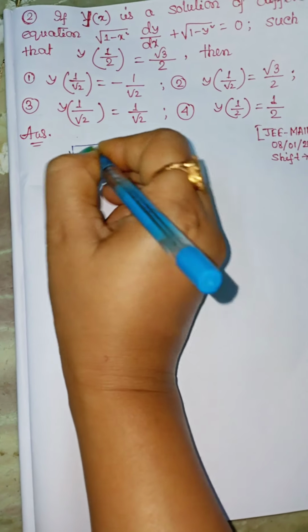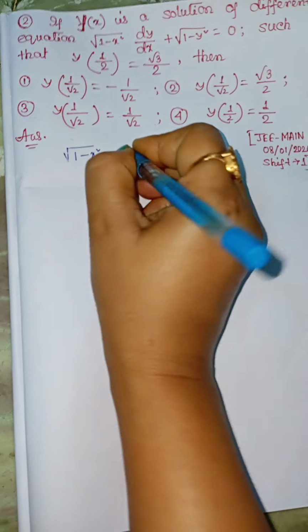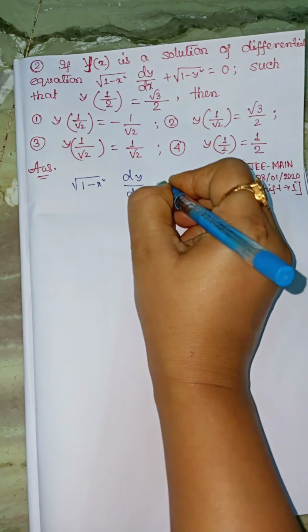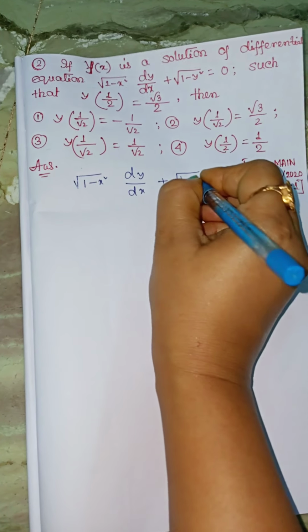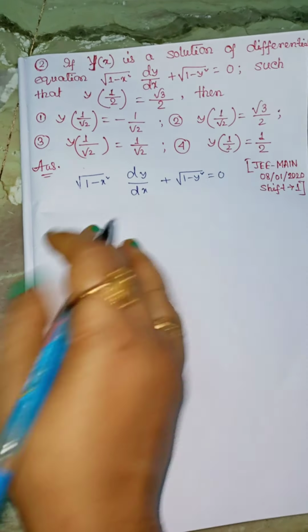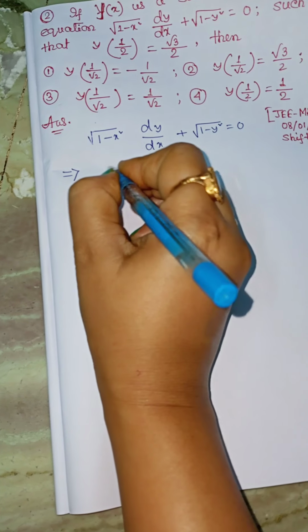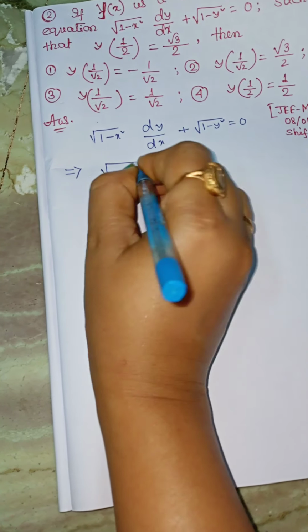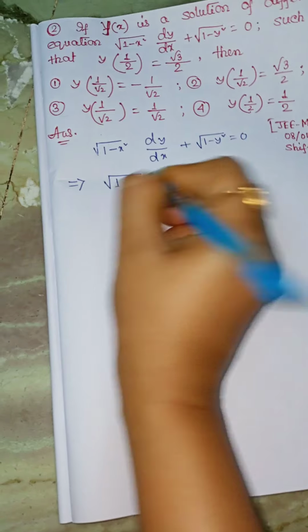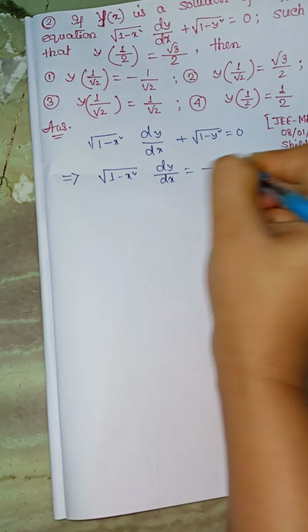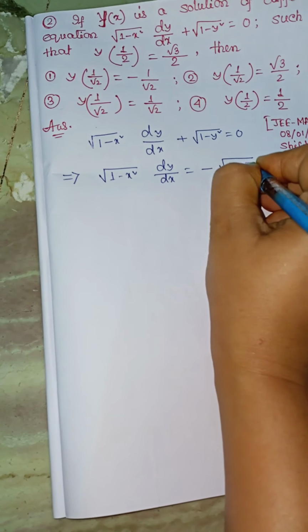Now moving to the problem. The given differential equation is root over 1 minus x square dy/dx plus root over 1 minus y square is equal to 0. This is our given differential equation. Simplifying, root over 1 minus x square dy/dx is equal to minus root over 1 minus y square.